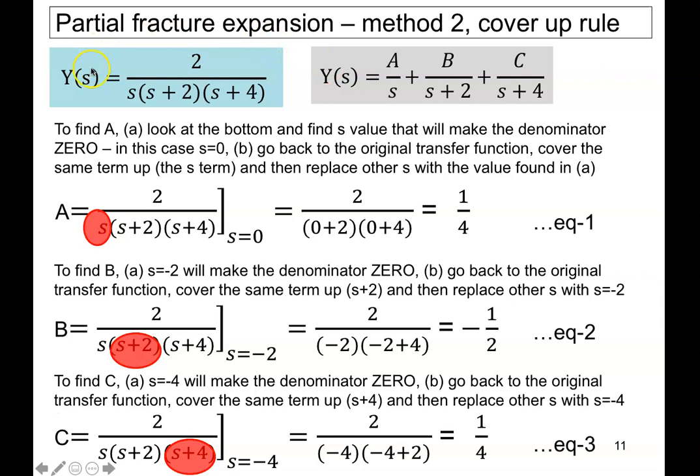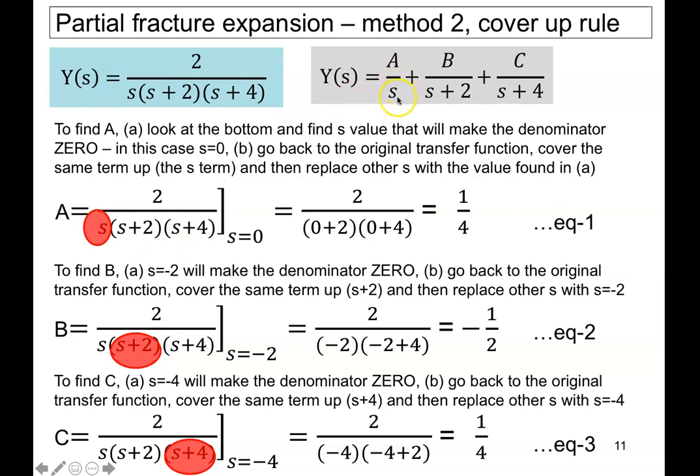Then you go back to the original fraction and cover that s up. It's the same term as you have beneath in the denominator here. Cover that up. Just assume that term didn't exist. And then replace all the other s's by whatever s value makes that term 0.